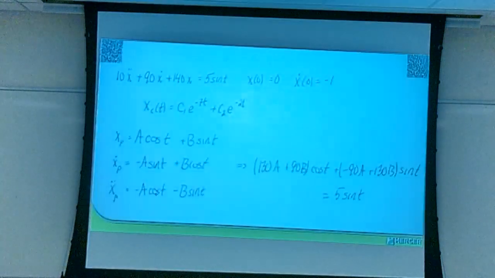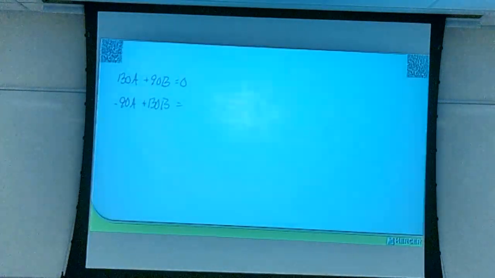Coefficient comparison. Verify that. When you solve that system, you get A to be negative 9 over 500 and B to be 13 over 500.